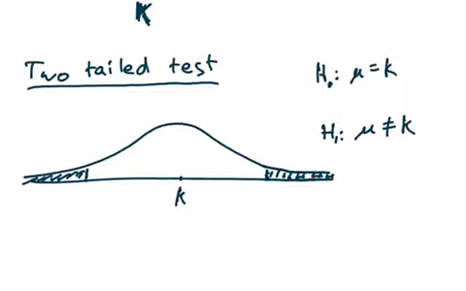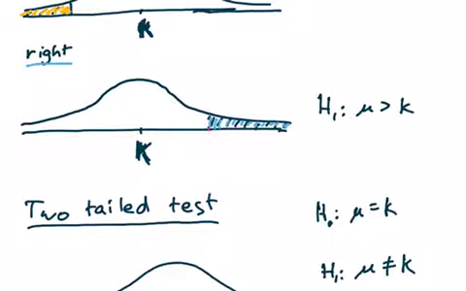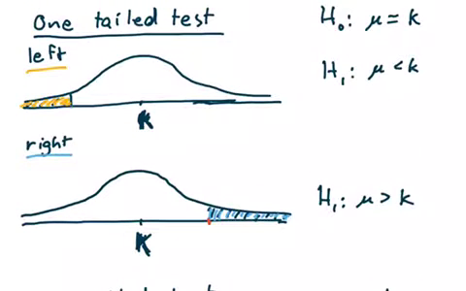All right, now, how do we define the cutoff for our critical region? What are these values on the left and right hand side for the case of a two-tailed test? Or, what is this value right here?